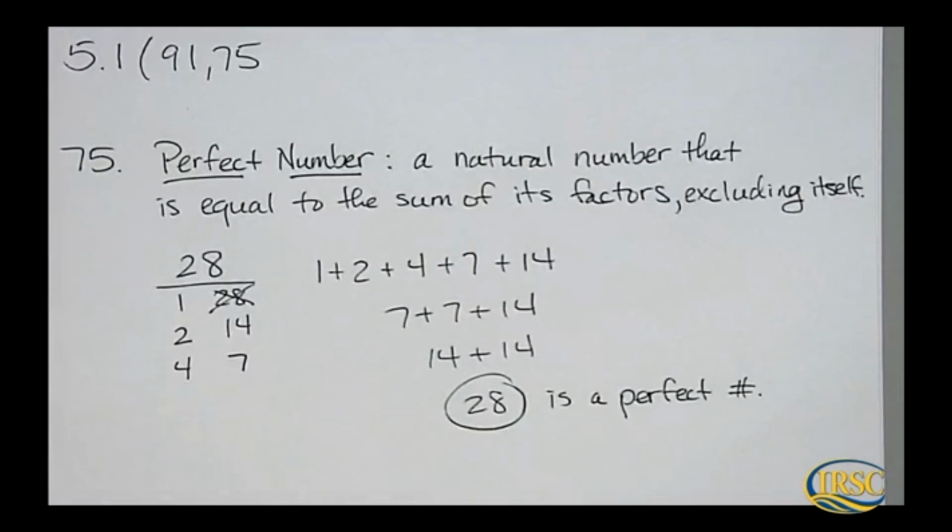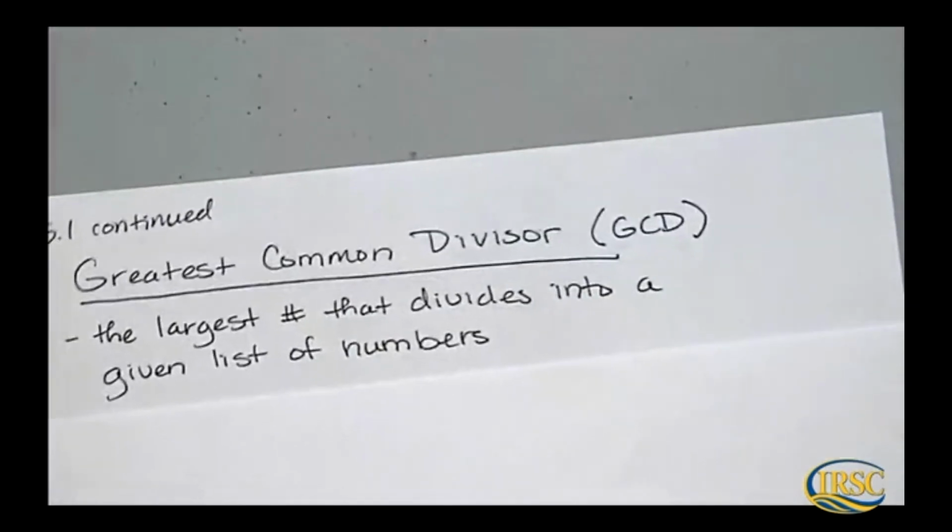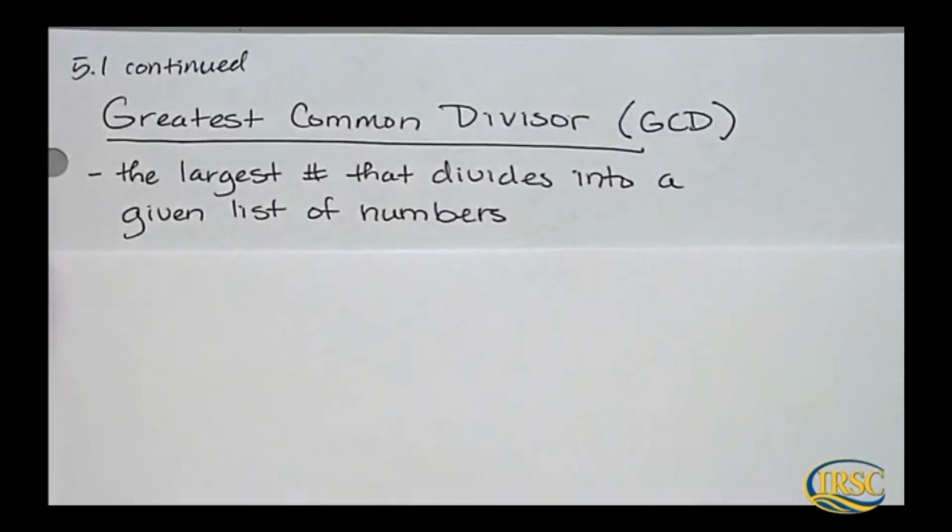Okay, so we're going to continue in section 5.1 where we left off. Last time we talked about how to get the prime factorization of a number, and this leads us into finding the greatest common divisor, otherwise known as the GCD. So the GCD is the largest number that divides into a given list of numbers.